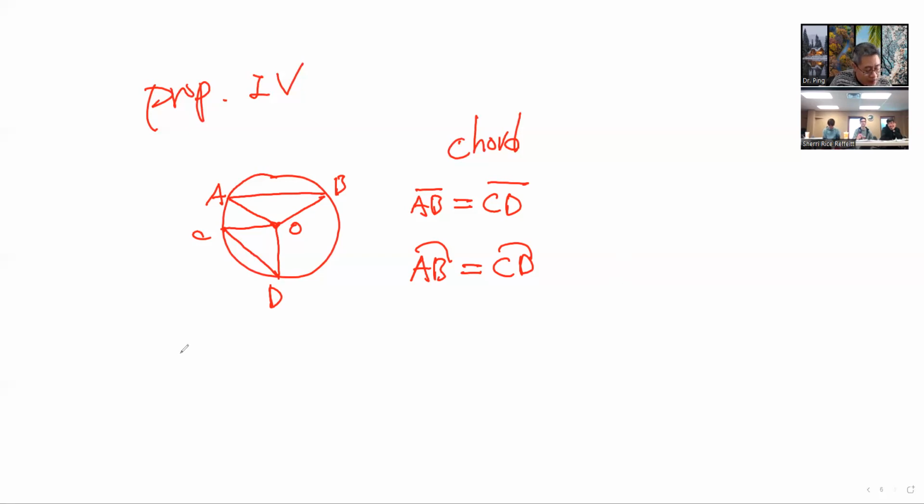And so we're looking at the next proposition.